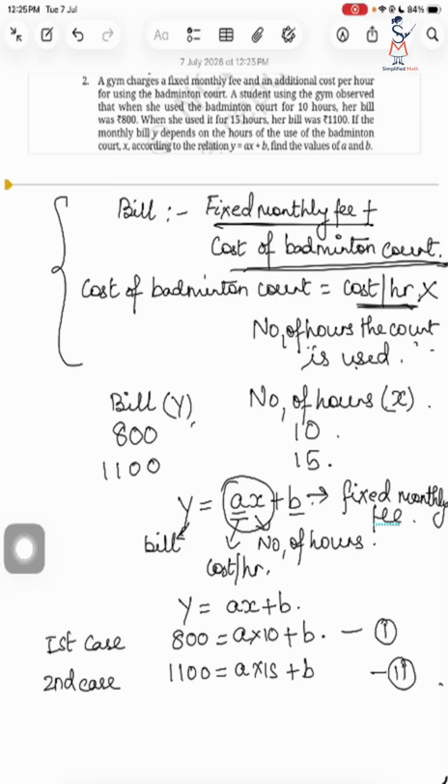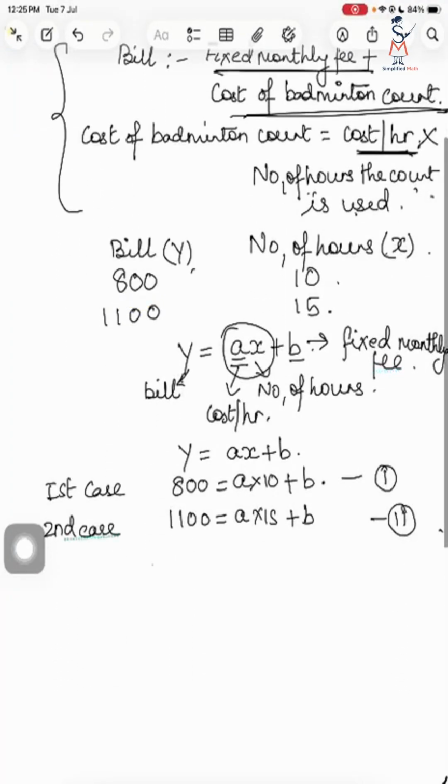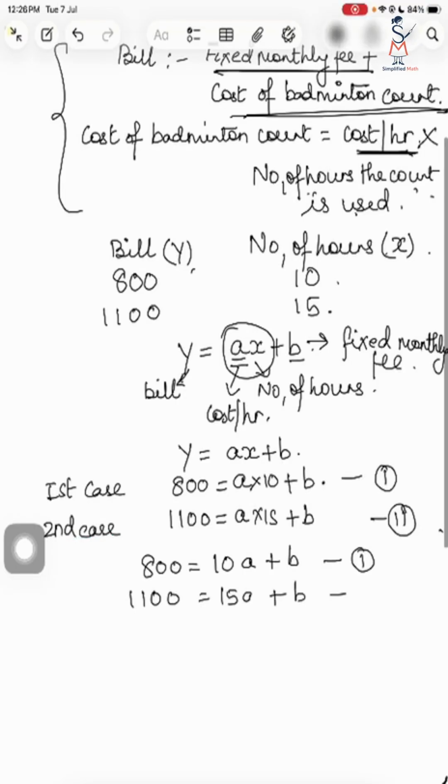So 800 is equal to 10A plus B according to the first one, and 1100 is equal to 15A plus B according to the second. Now these two equations can be solved by using simultaneous equations and by the substitution method.